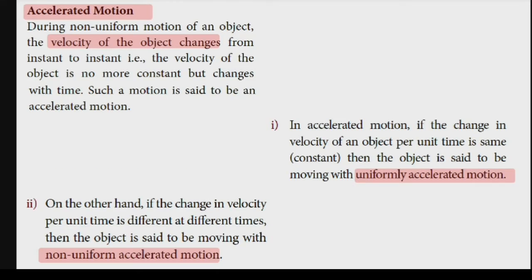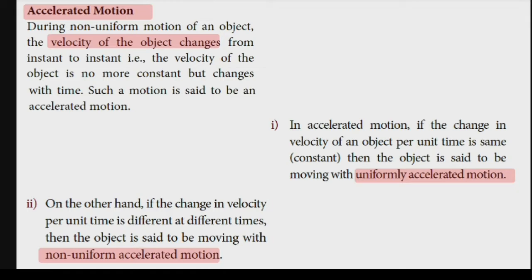Accelerated motion. During non-uniform motion of an object, the velocity of the object changes from instant to instant. The velocity of the object is no more constant but changes with time. Such a motion is said to be an accelerated motion.